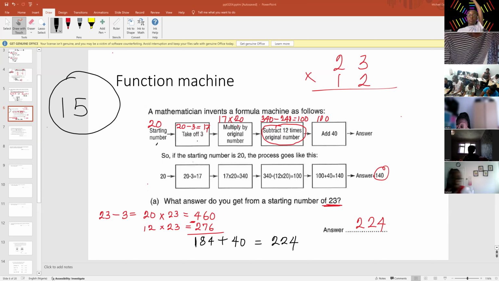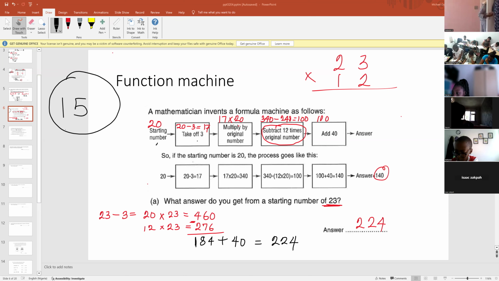The starting number is now 15, not 20 anymore. But I'm still trying to work out the one we did so I can write it in my book. I really don't understand how you got 224, because I'm really stuck on the bit where you have to do 20 times 23. Do you know how to do 2 times?